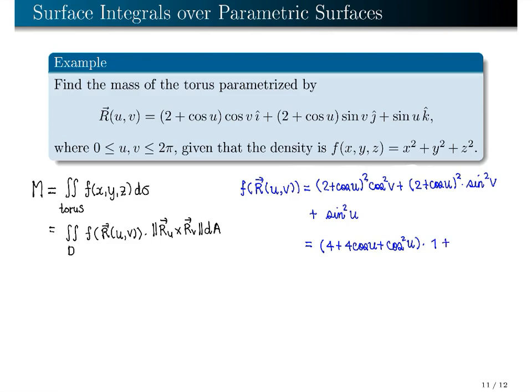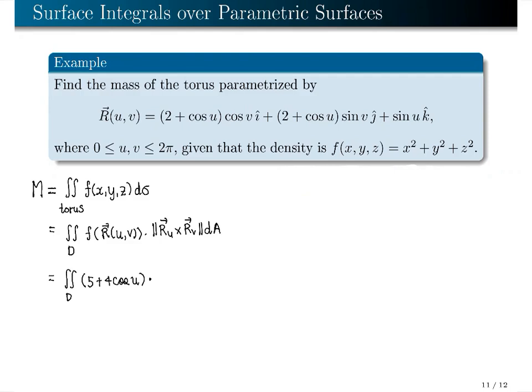And plus the remaining term, sine squared u. Note that cosine squared u plus sine squared u also simplifies to 1, and so we end up with f of r of uv, which is now 5 plus 4 cosine of u. We write this result here in the line below.